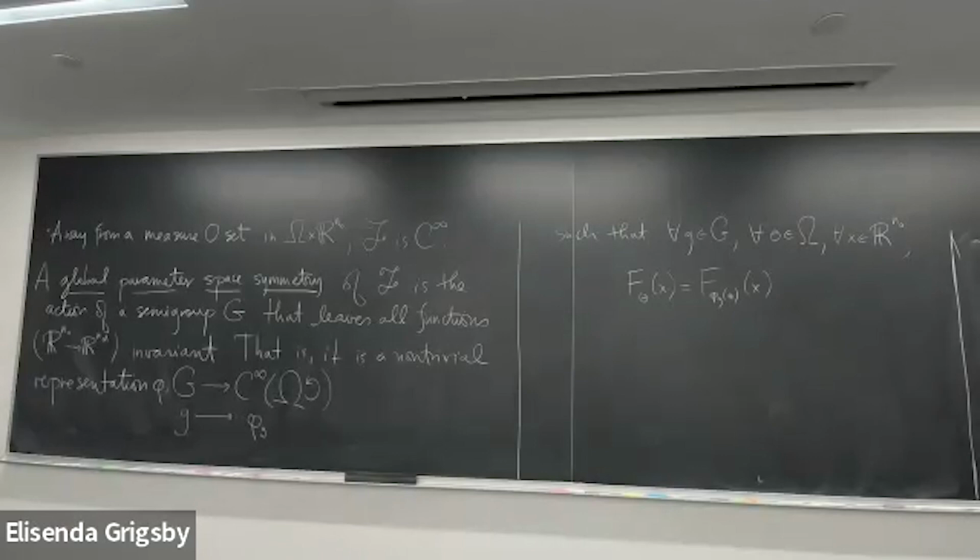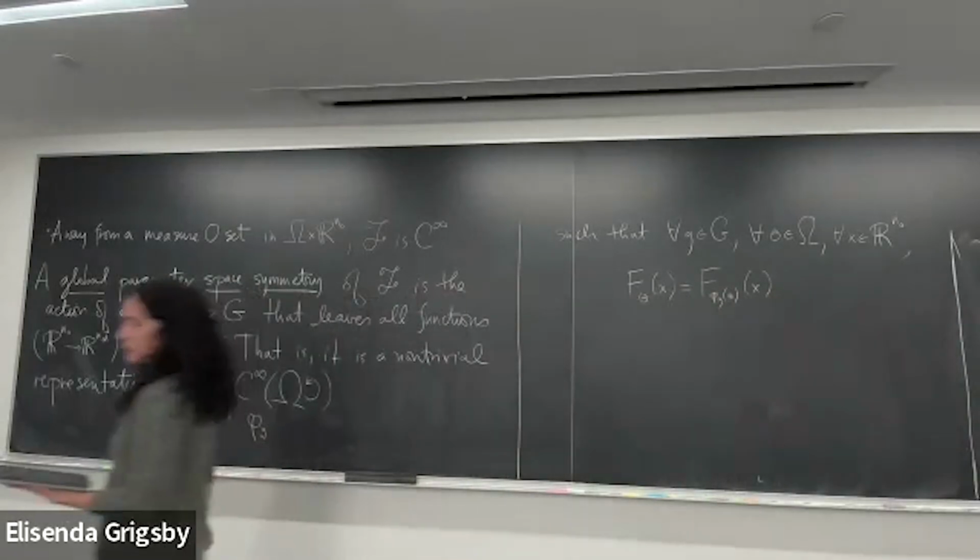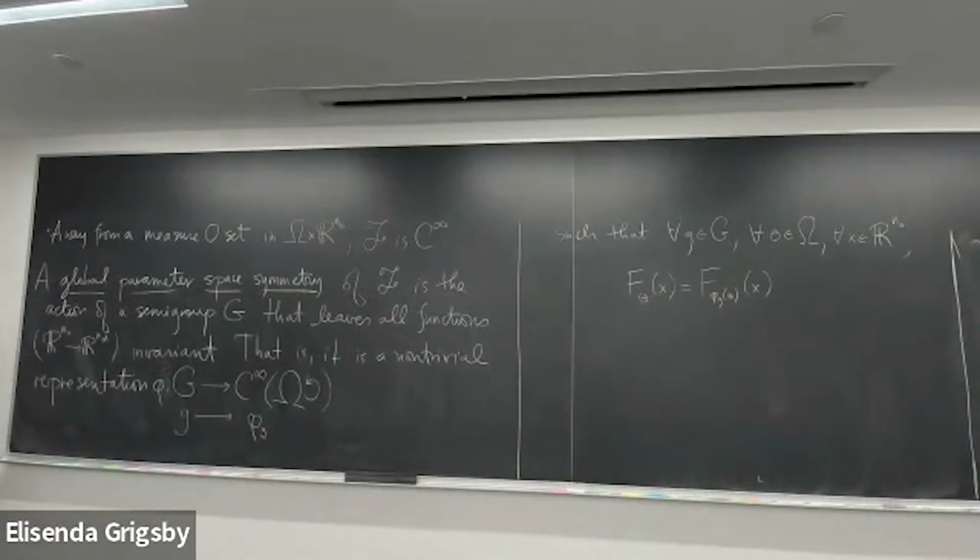I'm going to give an example momentarily where it's clear that you don't have a way of getting back. For ReLU networks in particular, it's just a semigroup that's acting and not a group, fortunately.